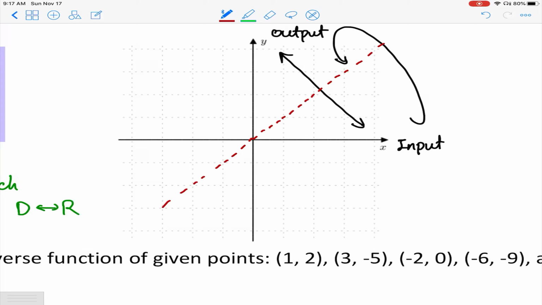That is the line making 45 degrees to both the x and y axes so that they rotate equally, and that is our y equals x line. This is another characteristic that you have to remember: the graph of the inverse function will be the mirror image of the original across the mirror, called y equals x.